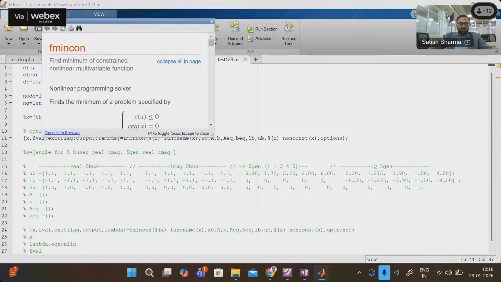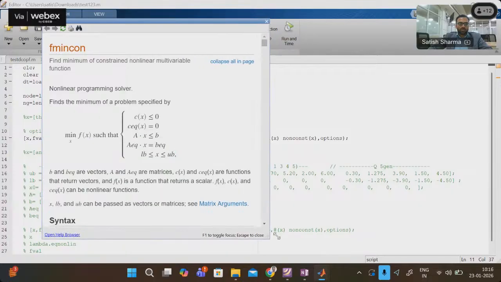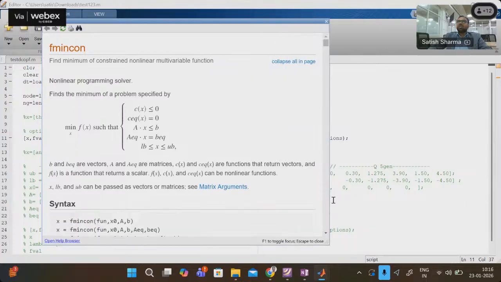If I zoom in, the fmincon function is used basically to solve a nonlinear multivariable optimization problem, to find the minimum of a constrained nonlinear function.